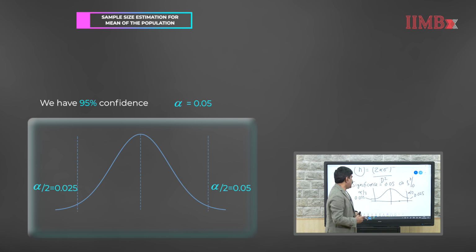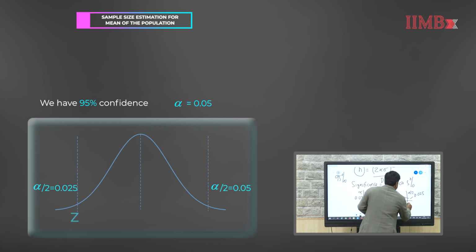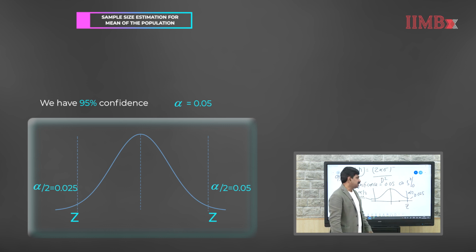Now, I need to find the value of z for which the right hand side area is 0.025. Similarly, on the left side we are looking at the value of z for which the left hand side area is 0.025. Now, we can find this from Excel or any statistical table that we find at the end of statistics books.